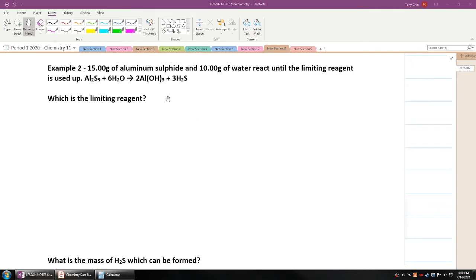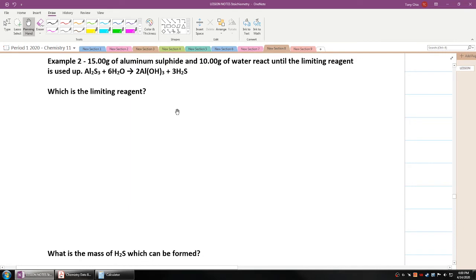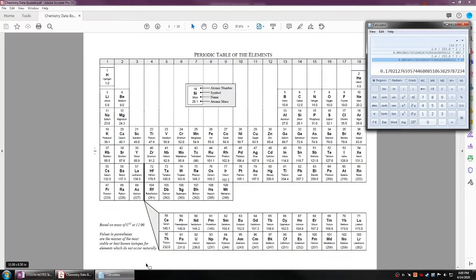So in this case, let's convert both of these to moles of hydrosulfuric acid. We have 15.00 grams of aluminum sulfide, and we want to get to moles of hydrosulfuric acid. Well, what is the molar mass of aluminum sulfide? There's 2 aluminums plus 3 sulfurs, which is 32.1.